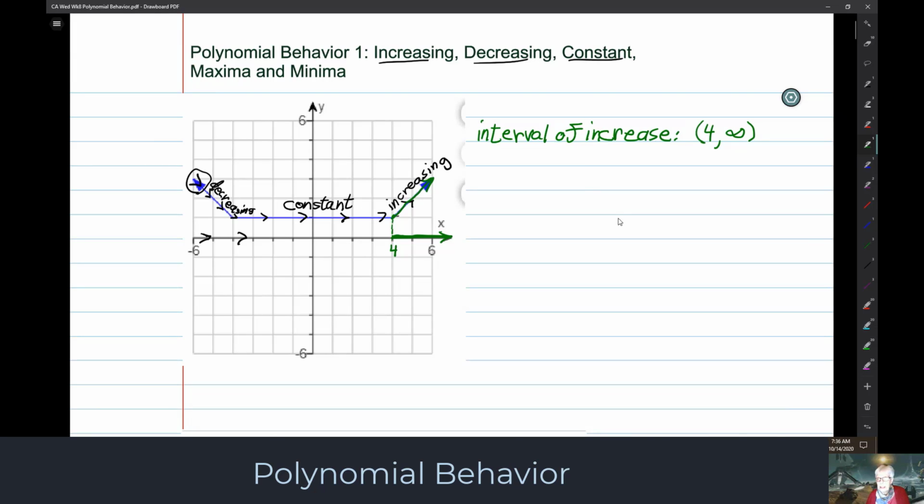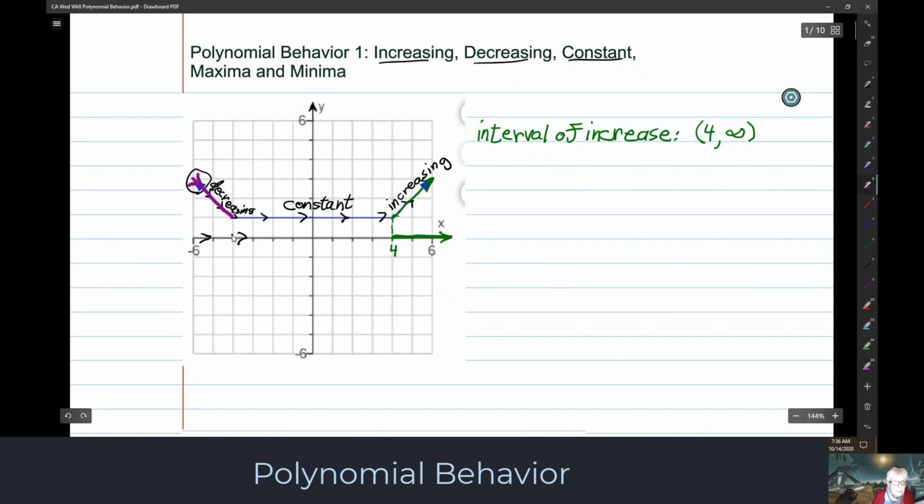Now, decreasing is usually what's asked next, so I'm going to make that red. Actually, not red, because a lot of people can't see red. This is a mixture of red and blue together, so I think it will be visible. This is the part of the graph that's going down. That's decreasing.